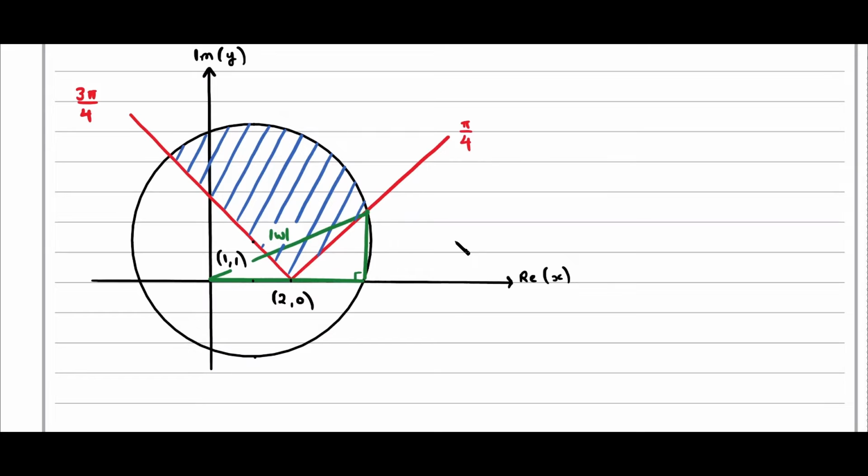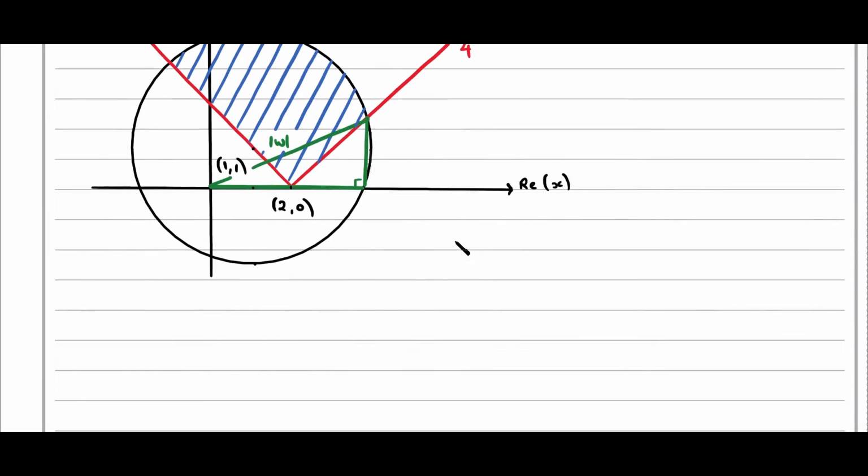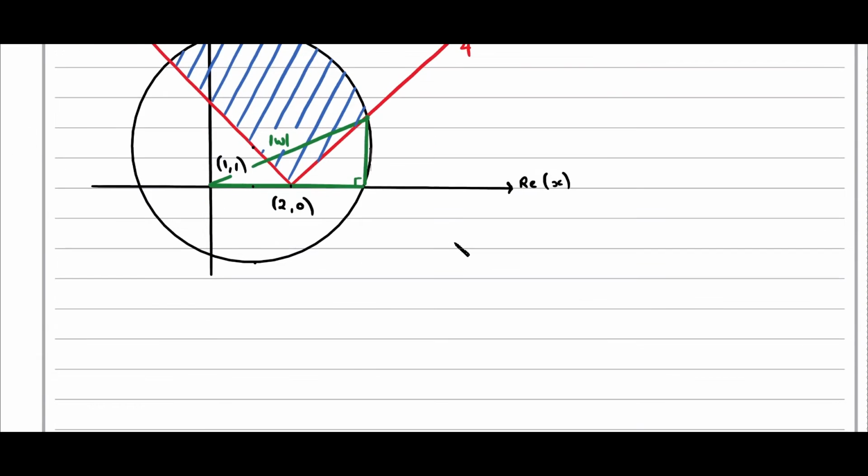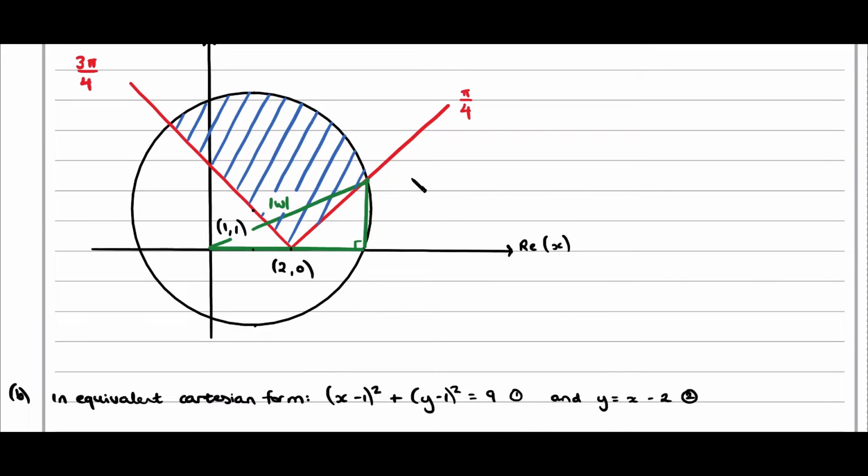Okay, so let's just write all that down. So in equivalent Cartesian form, we have x minus 1 all squared plus y minus 1 all squared equals 9. That's the equation of the circle. And then we have y equals x minus 2. That's this line over here, the pi over 4.